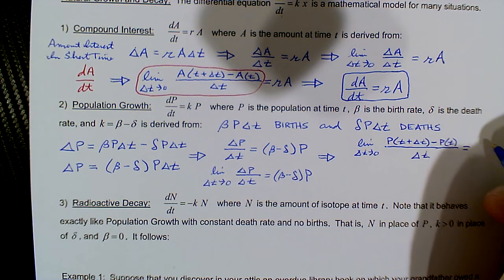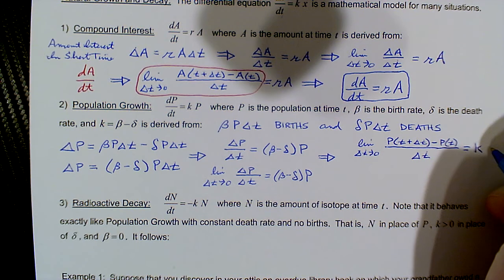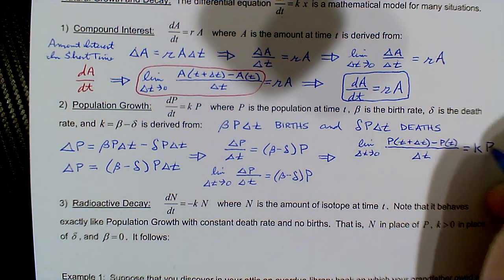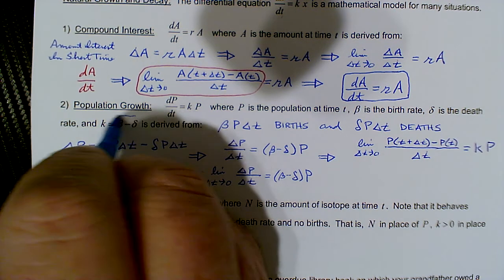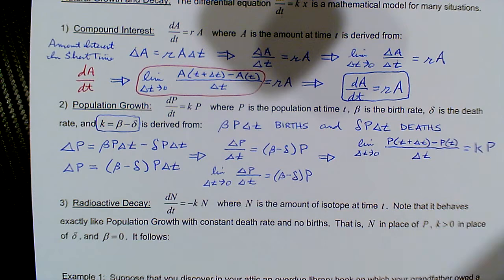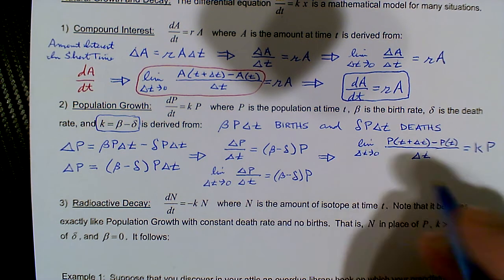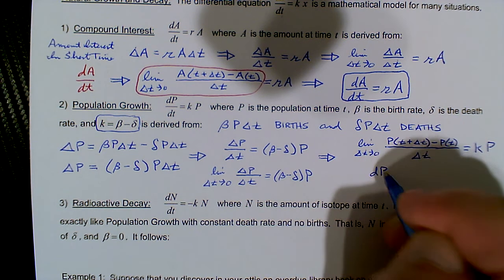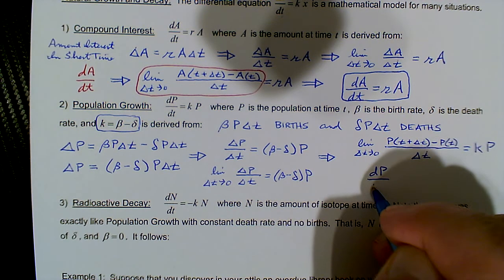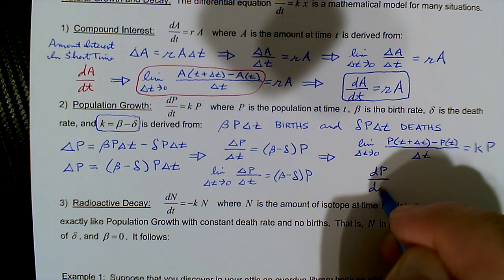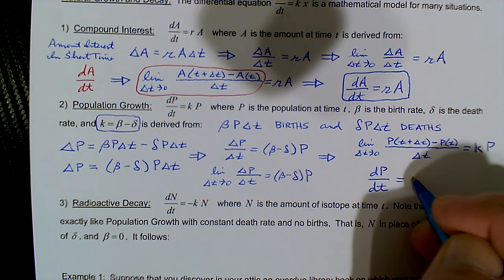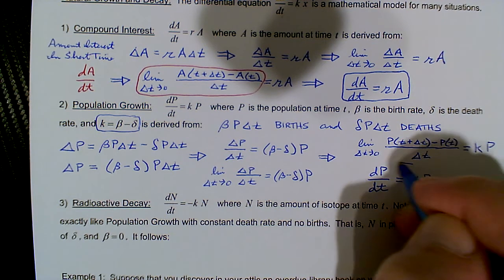And that has to equal k times p, because we had stated that k here is beta minus delta. The left-hand side now represents the derivative of the population, the time rate of change of the population, with respect to time, and that has to equal k times p.